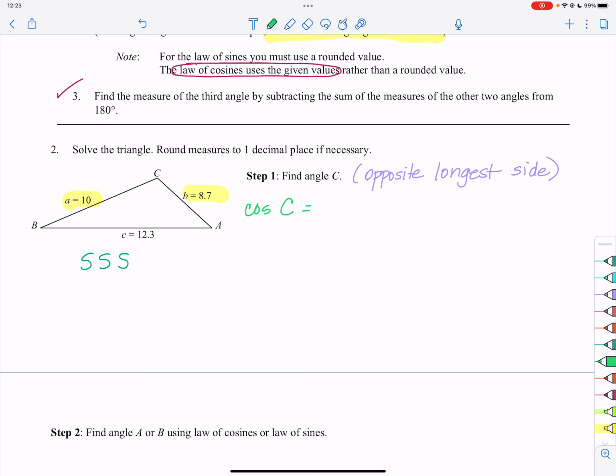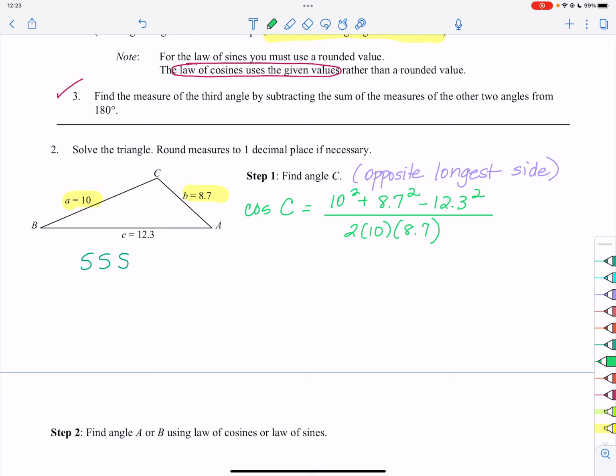So we will have 10 squared plus 8.7 squared, and we'll subtract that longest side, 12.3 squared, all divided by 2 times 10 times 8.7.